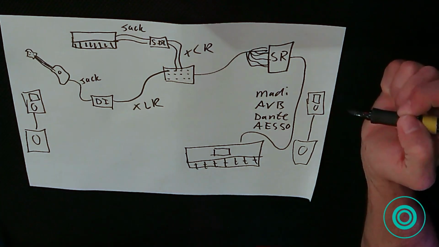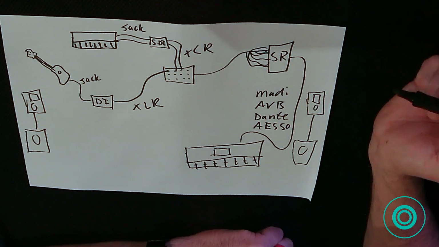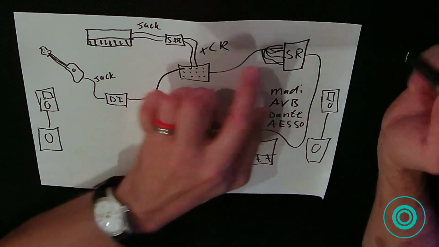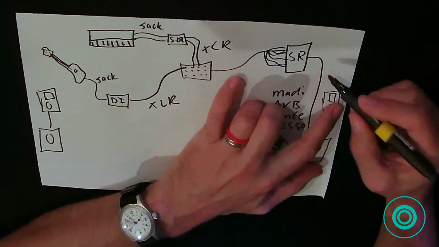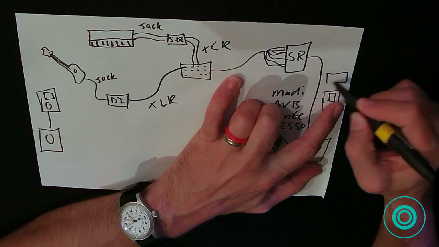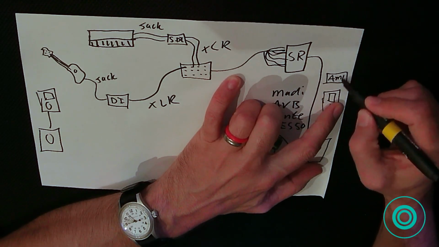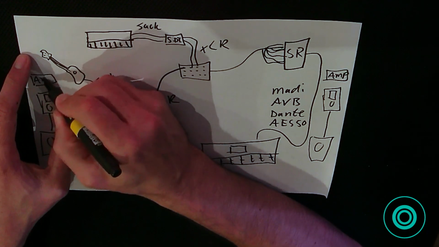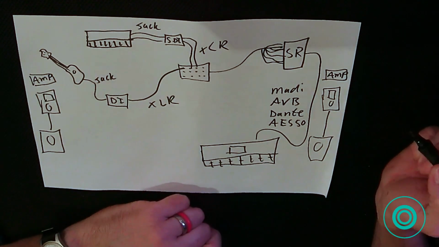Right, and we decide we're going to patch this with a digital signal called AES3. Let's say we do have an amp in this case. It's an amp here. One amp for left. Let's say we've got another amp. Left and right.